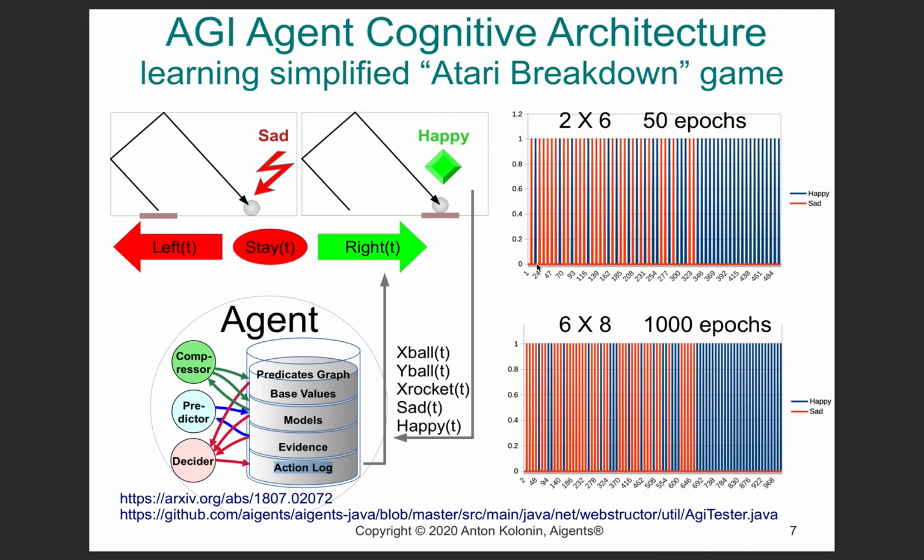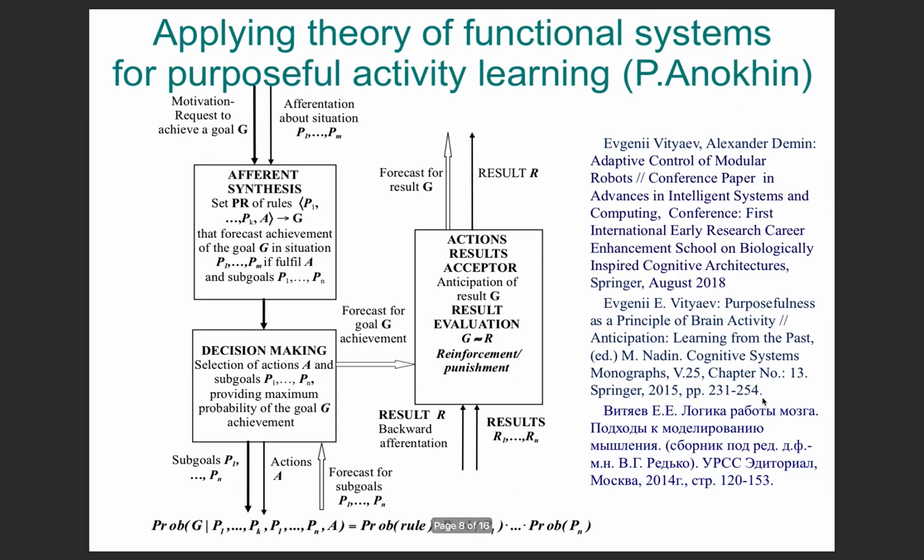But whenever the agent makes the right move and the ball is hitting the rocket rather than the floor, the agent is getting positive feedback. The agent is given a blue line, which means the agent is happy. And we see that over time the agent is getting more and more happy, and in the last third of the session the agent is always catching the ball, and the agent is always happy.